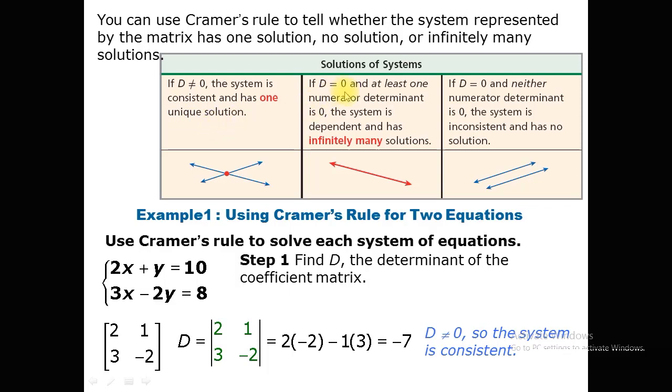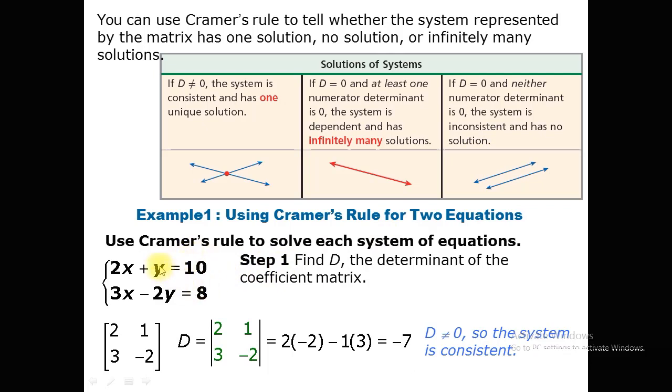And if the determinant of the coefficient matrix is zero and at least one numerator determinant is zero, then the system is dependent and has infinitely many solutions. And if the determinant of the coefficient matrix is zero and neither numerator is zero, then the system is inconsistent and has no solution. Now let's move on to an example.